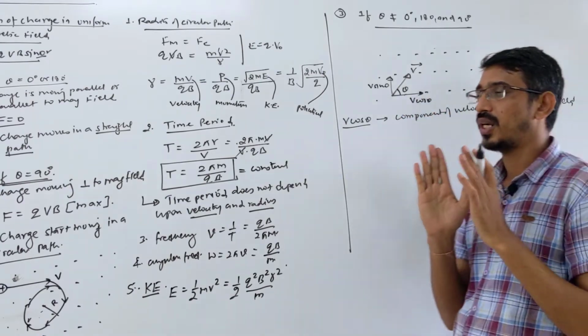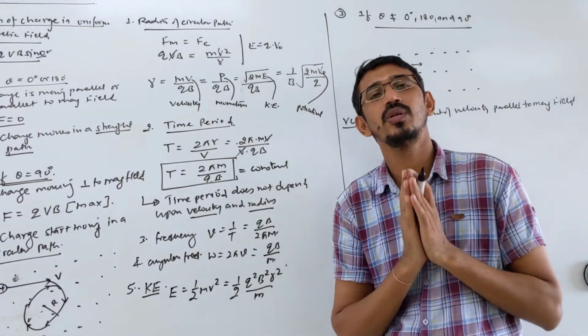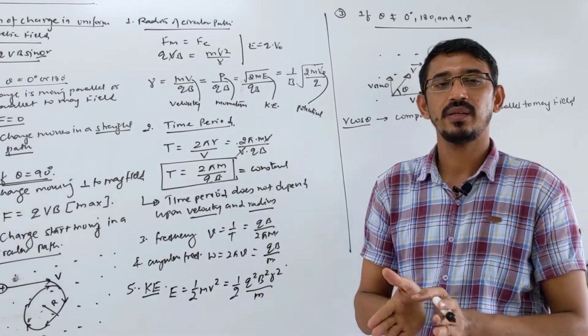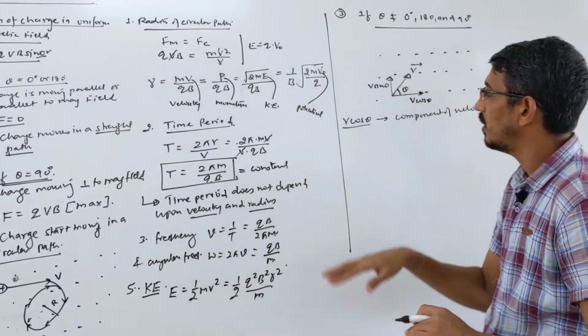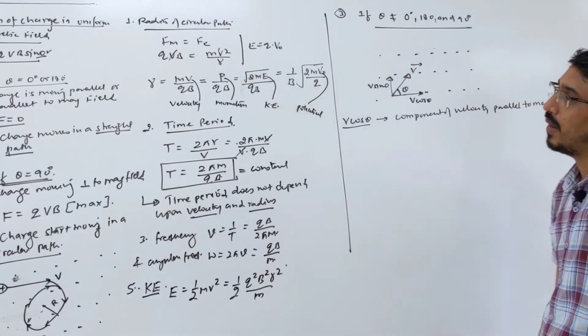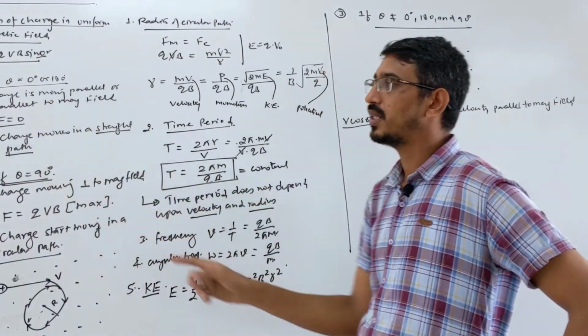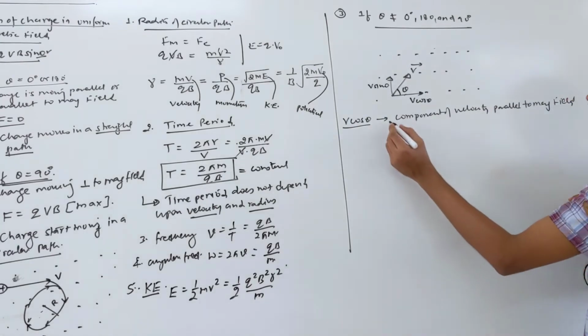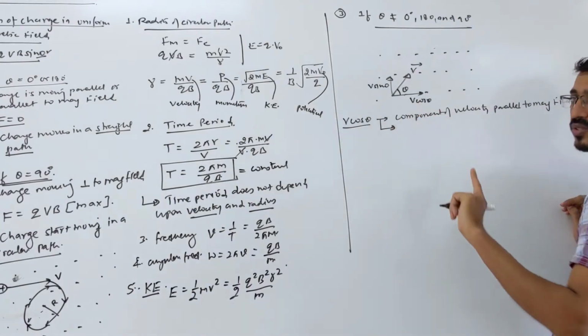So charge was moving at some angle. I have broken it into two components. One component becomes parallel to the magnetic field, one becomes perpendicular to the magnetic field. So V cos theta is the component of the velocity which is parallel to the magnetic field. Parallel means what? This case. So what will this component do? This component will not make any force on the charge. There is no force acting.